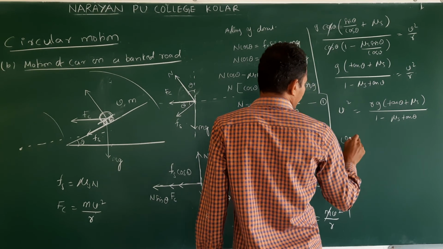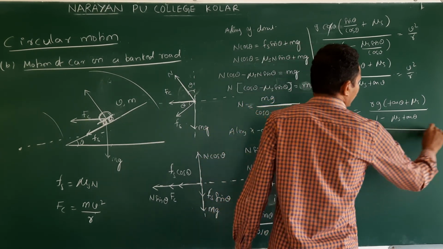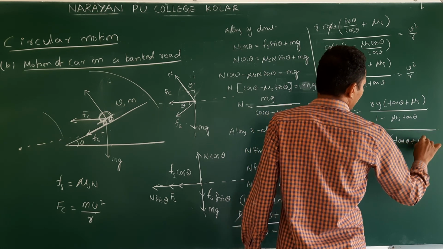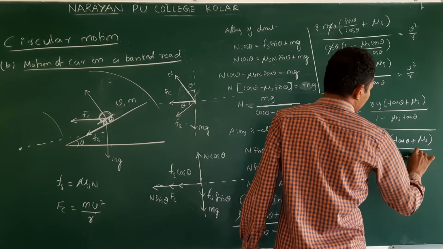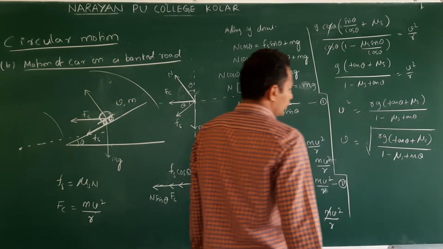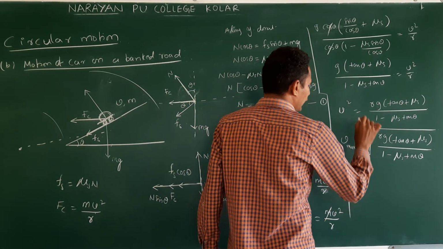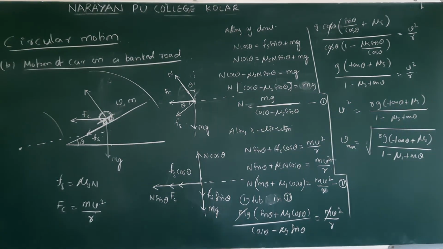Then this is V. V is equal to under root of R g tan theta plus mu s by 1 minus mu s tan theta. So this is what? Maximum possible velocity on a banked road.